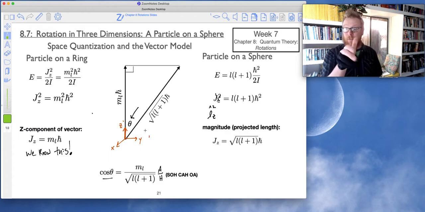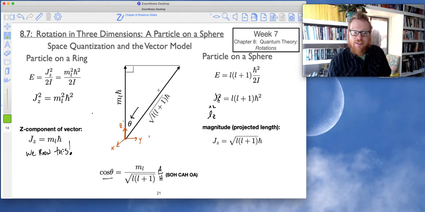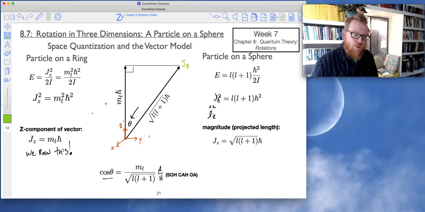In the two-dimensional model, it was just going straight up. But you can see this is given by my projected length. So this is accurate by calling this Jz, my projected length here. Okay? So that means this particle has to be pitched out by angle theta, which means it's going to be rotating around like this.